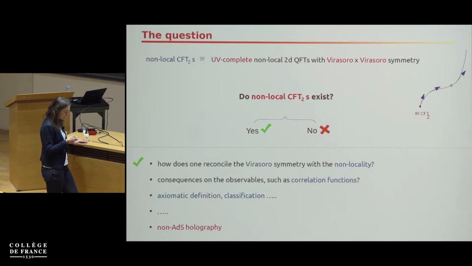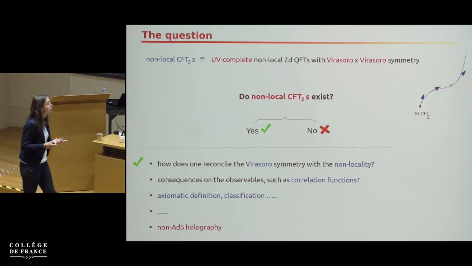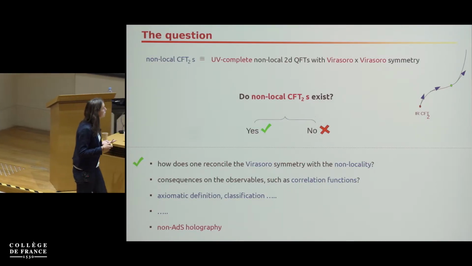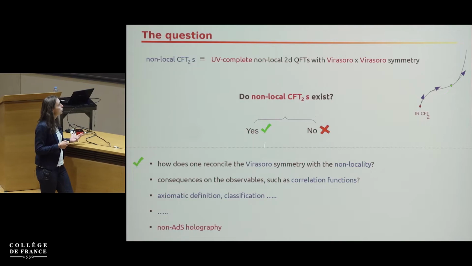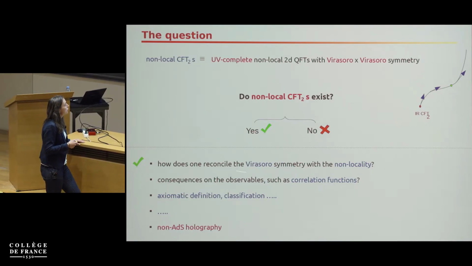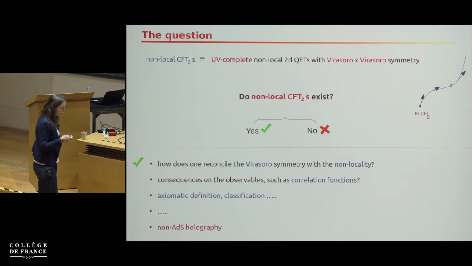If it's yes, then it's really interesting, because there are a lot of things that you can try to understand. First and foremost, how do you reconcile the Virasoro symmetry with the non-locality of the theory? And then you can ask a lot about consequences on observables, how do you define things, and finally, how do you do non-AdS holography. So in this talk, I will discuss this issue, although we do have quite a bit of progress on correlation functions too. Okay, good. So that's the question.